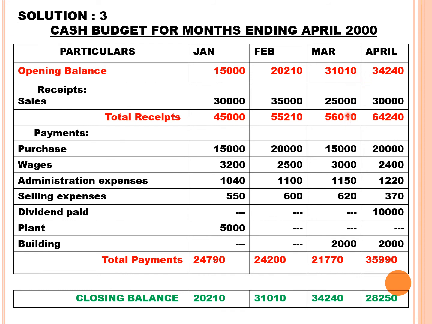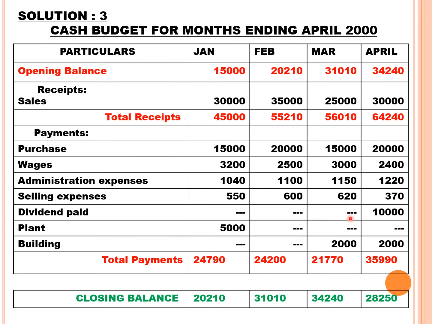Then you take the sales of January, you receive in March. Total receipt 56,010. Then we have purchases, that is January purchase you make a payment in March. Next, February's wages, February administration expense, and February selling expenses are made payment in the month of March.